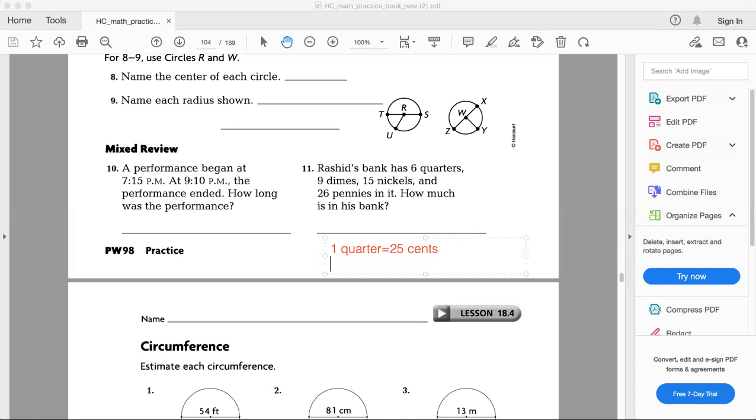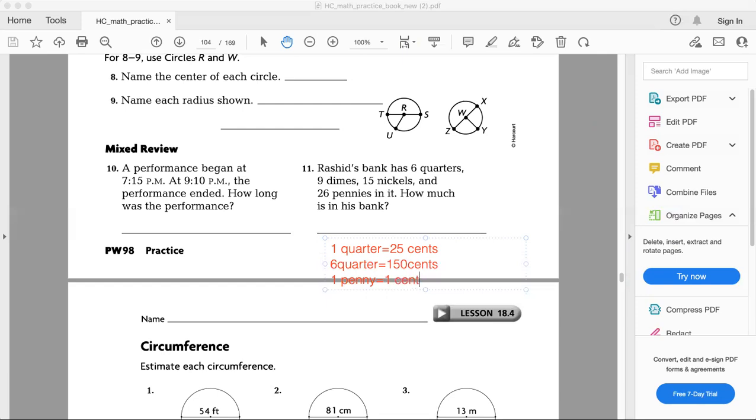So tell me, 6 quarters will be equal to how many cents? Ma'am, 150. Very good. 150 cents. A penny is equal to 1 cent.